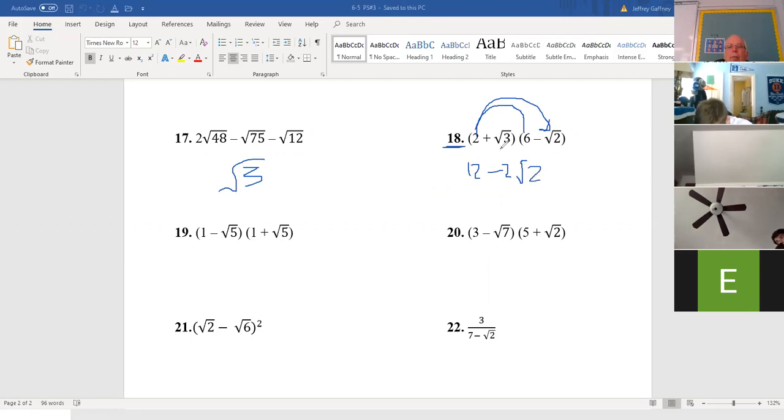And then we're going to multiply square root of 3 times 6. So now we got plus 6 square root of 3. And then we got square root of 3 times the negative square root of 2, and that's the negative square root of 6. Am I done? Or can I do anything else with that?